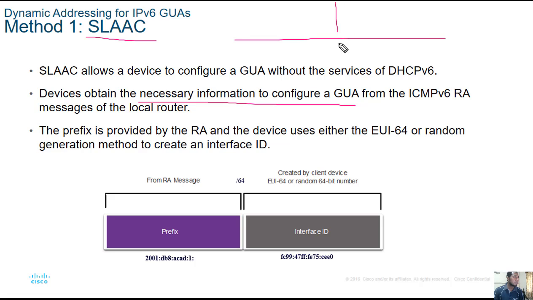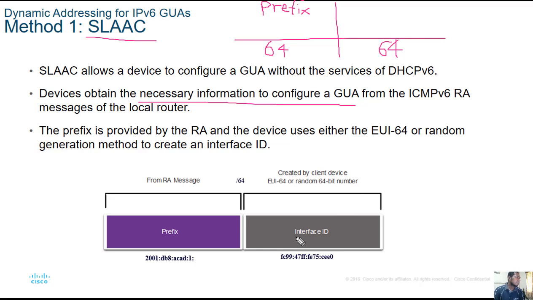You have the first 64 bits, you have the next 64 bits, and typically the first 64 bits is part of the prefix. So that identifies the network the particular device belongs to or is a part of. The rest of the 64 bits is for the host device. That represents the interface. So this is sometimes known as the interface ID. So prefix is one half, the other half is the interface ID.